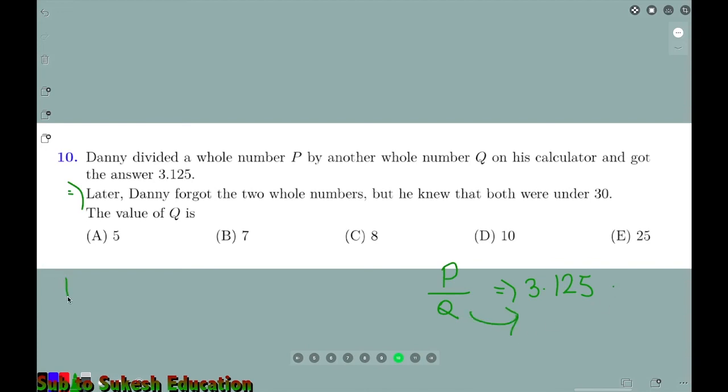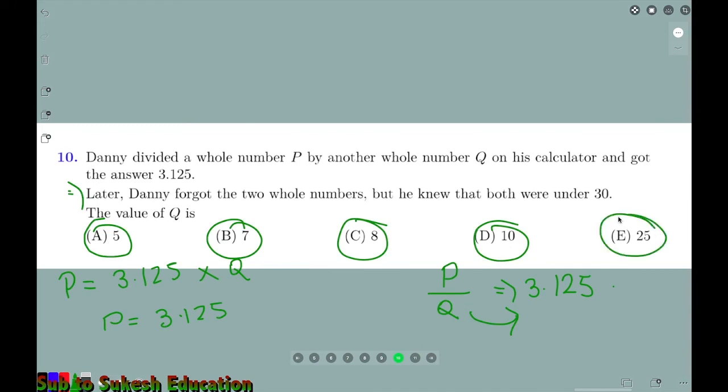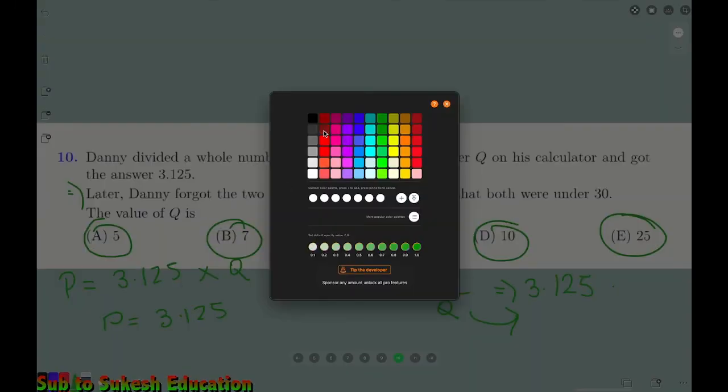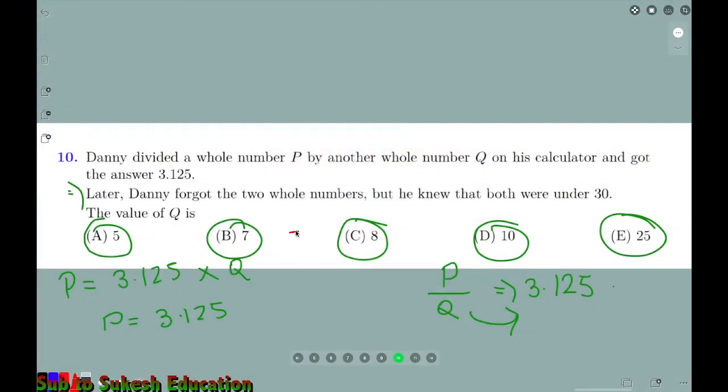So P is equal to 3.125 times Q, and we can pick from these five numbers. Let's try with the number 7 first.